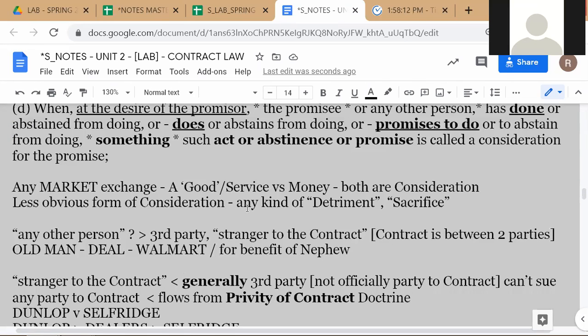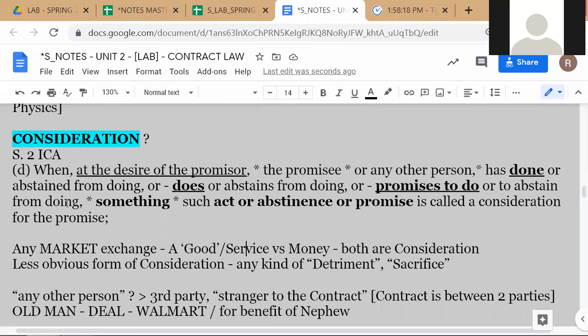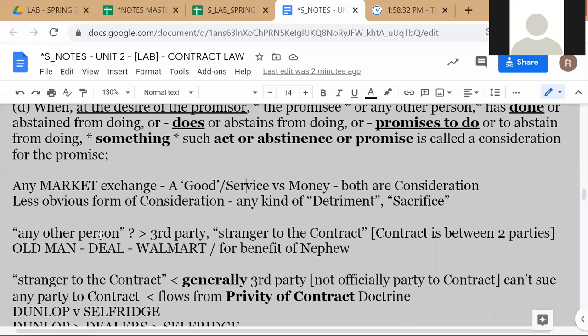So you look at any kind of market exchange, and you can say that the consideration flowing from me to Starbucks is 400 rupees, and the consideration flowing from Starbucks to me is the coffee. The same with the market exchange.